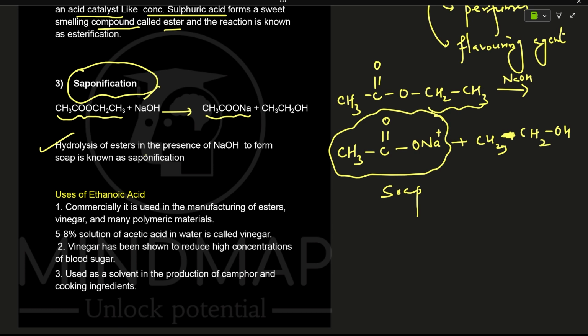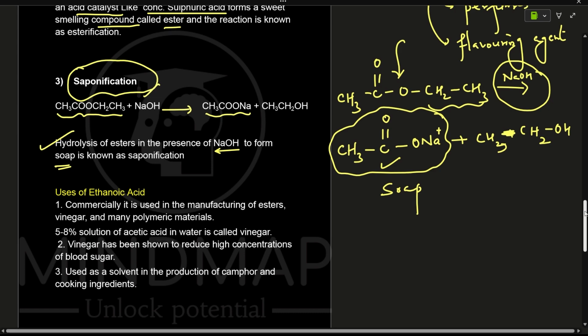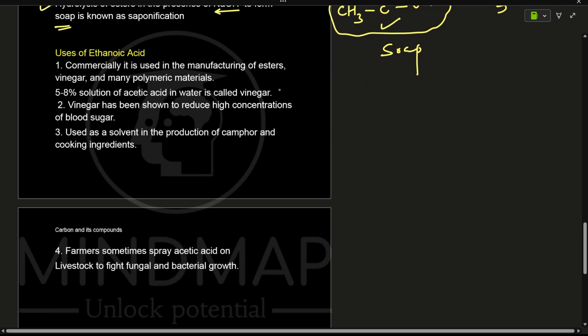Hydrolysis of ester in the presence of NaOH, means पानी जब आप इसमें डालोगे एस्टर में, in the presence of sodium hydroxide, we get to form soap. Soap का first step यहाँ पे शुरुआत होती है, and this process is known as saponification. Correct? Okay. Now let's see the uses of ethanoic acid.